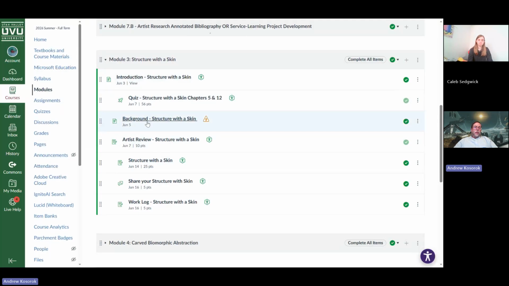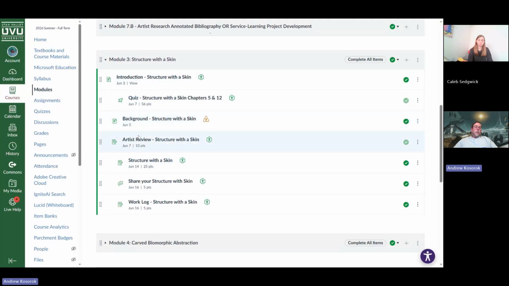Another thing I'm noticing is that each of the modules has a background section, and then immediately after that, an artist review section. The background section has 4 to 8 artists doing things specific to what we're exploring in the module. Whenever you do an artist review, it always has to be drawn from the artists in that background.